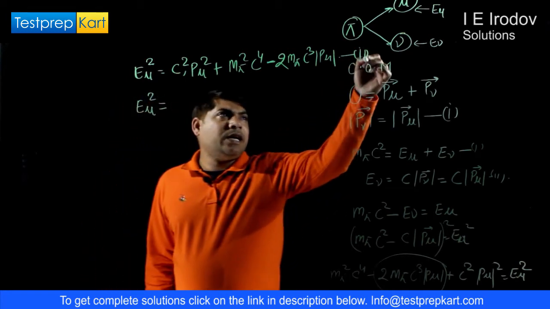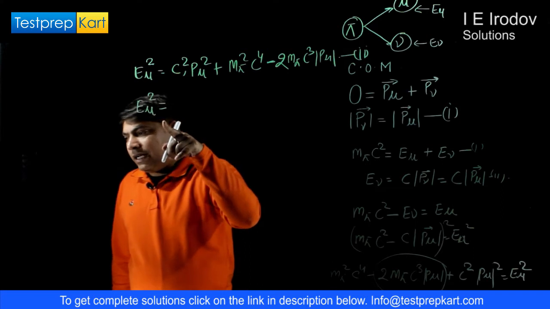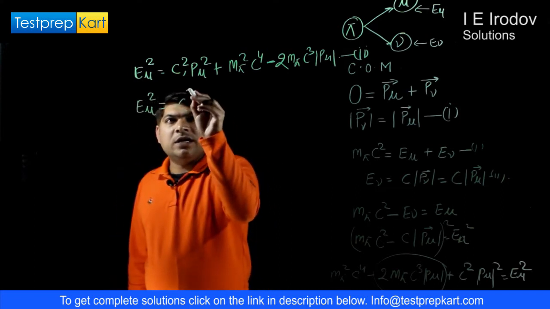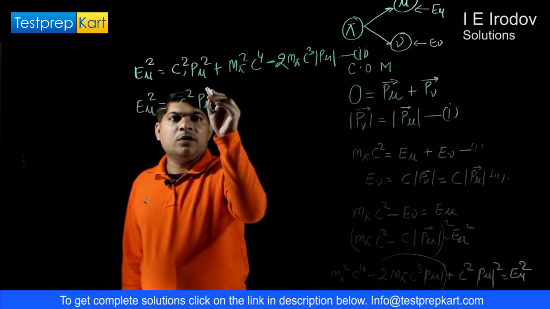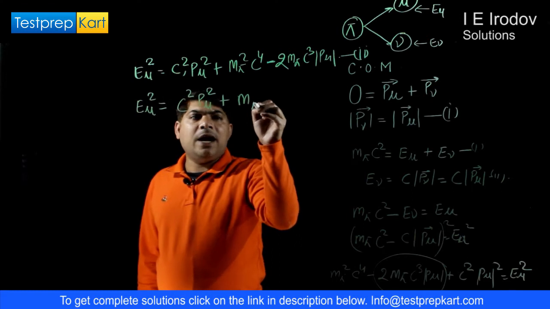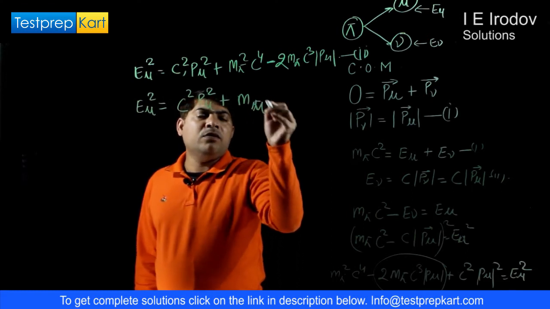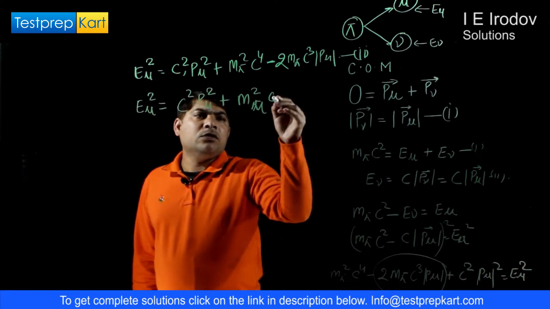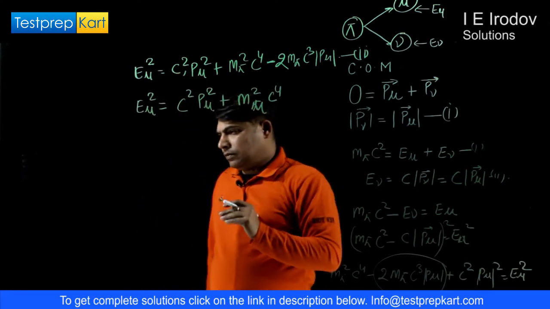This is our second equation, and then we are writing a separate equation for energy of muon, that is c square into P mu square plus m mu square into c to power 4.